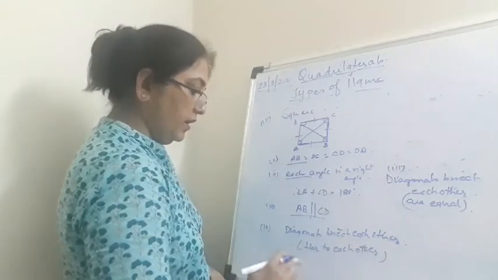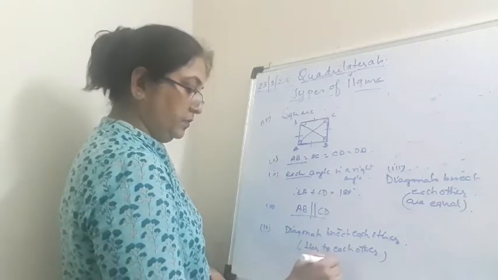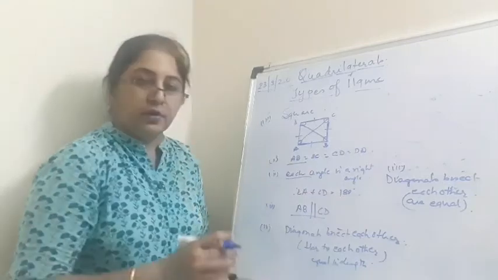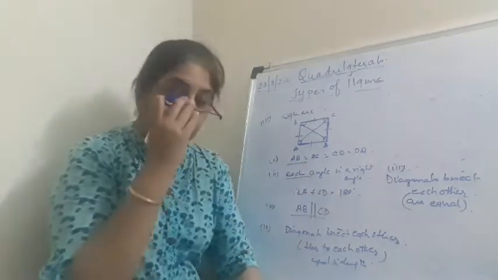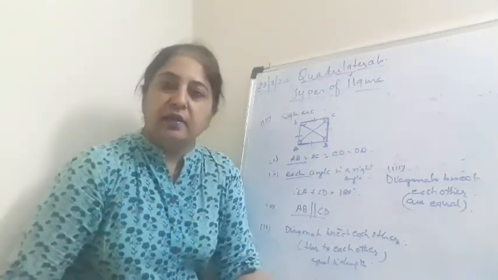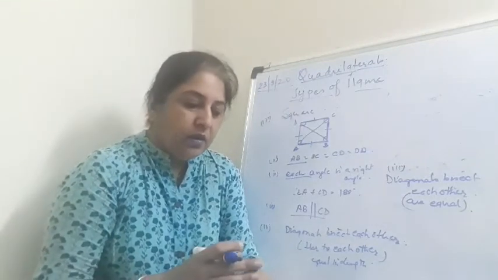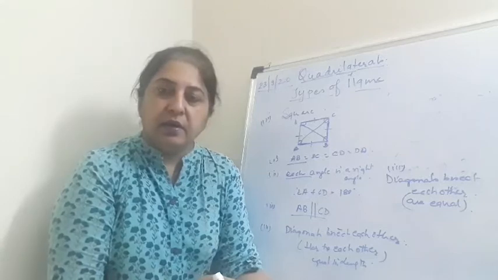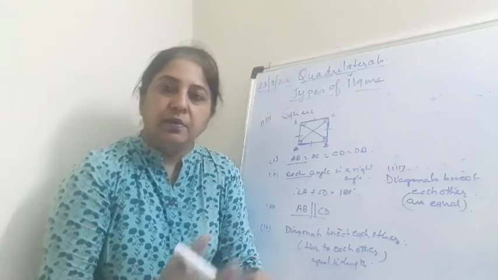Yes, and they are equal in length. So we have quite common properties similar to a parallelogram, and that is why rhombus, rectangle and square is a parallelogram. Now we can also compare, like, why is a trapezium a parallelogram, or is a parallelogram a trapezium?